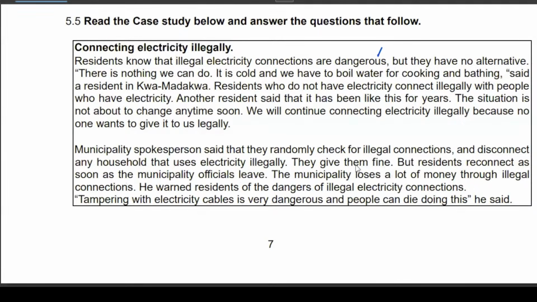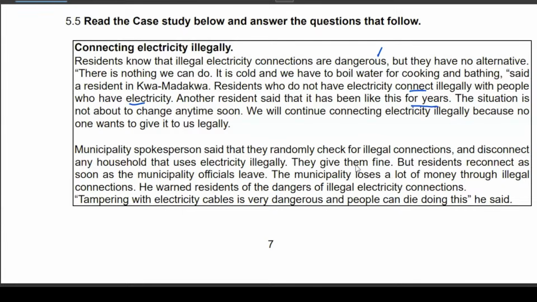Residents who do not have electricity connect illegally with people who have electricity. Another resident said that it has been like this for very many years. The situation is not about to change anytime soon, and we will continue connecting electricity illegally because no one wants to give it to us legally.